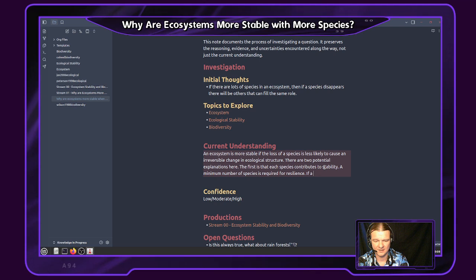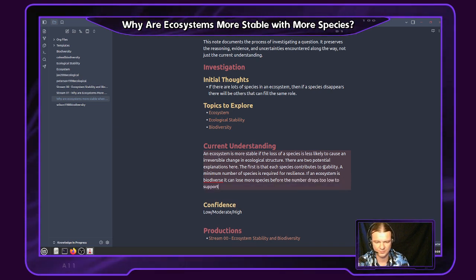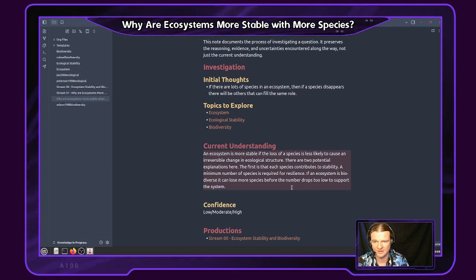If an ecosystem is biodiverse, it can lose more species before the number drops too low to support the system. Apparently we hyphenate biodiverse. This is known as the rivets model.